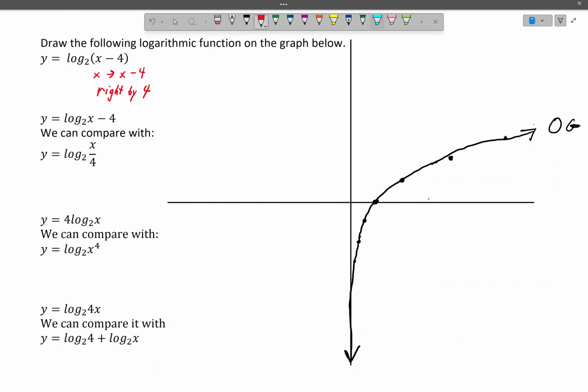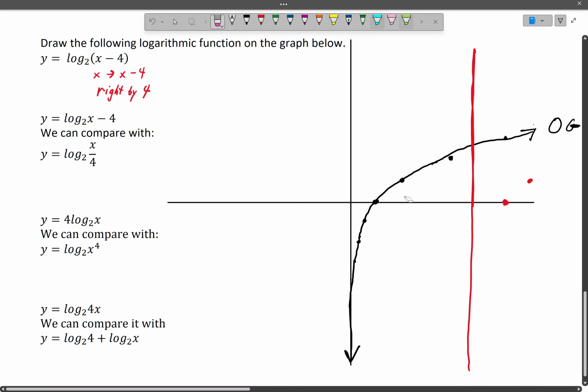If we move this one to the right by 4, that's 2, 3, 4. And then this one will go to the right by 4, so this goes like here. One of the things to consider is perhaps just drawing out the asymptote. I'm going to erase it afterwards, but just to keep in mind, that asymptote moved to the right by 4.